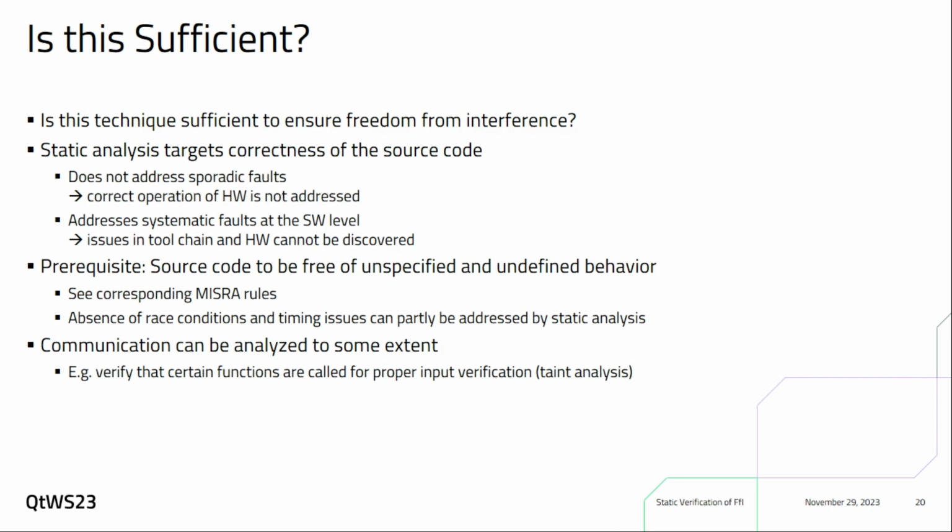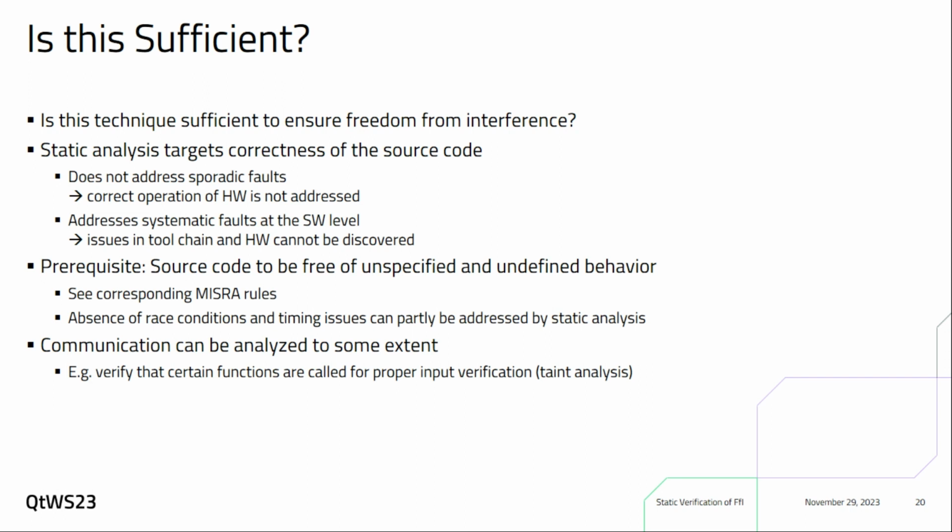For example, follow the according MISRA rules and ensure absence of unspecified, undefined behavior. And also absence of race conditions; timing issues need to be addressed by individual static analysis rules.